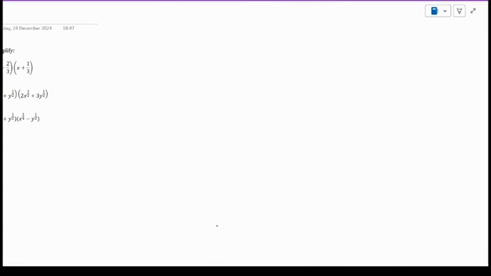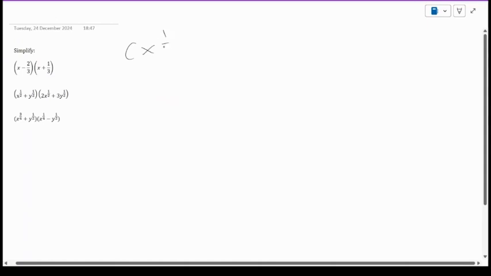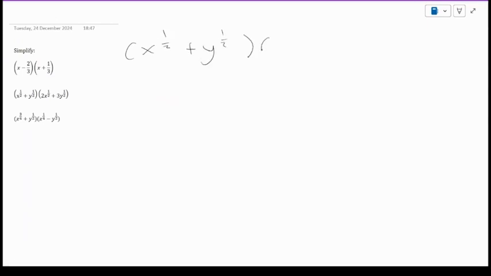Our second one, we have (x to the power half plus y to the power half)(2x to the power half plus 3y to the power half). Okay, same concept applies. First FOIL, why? These are binomials. First, outers, inners, then last.